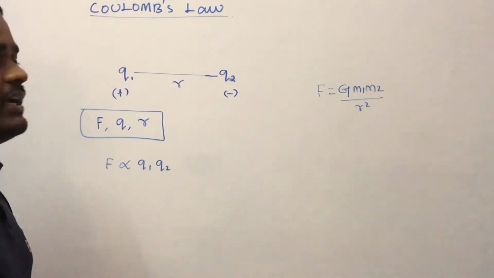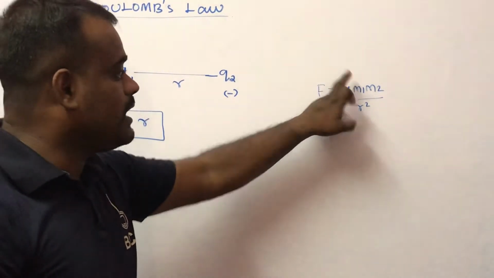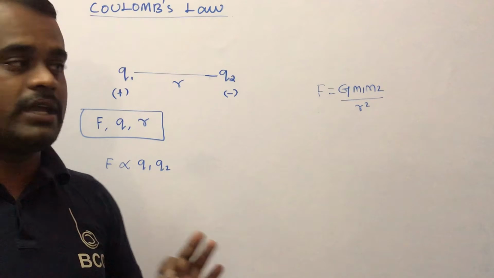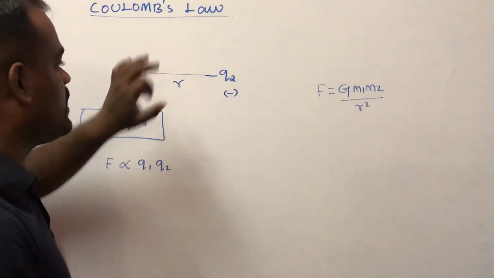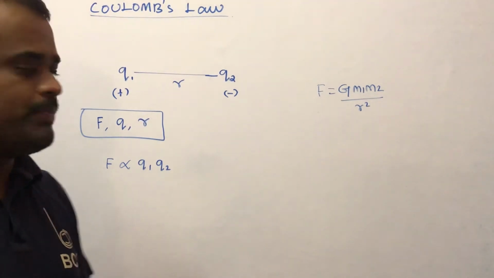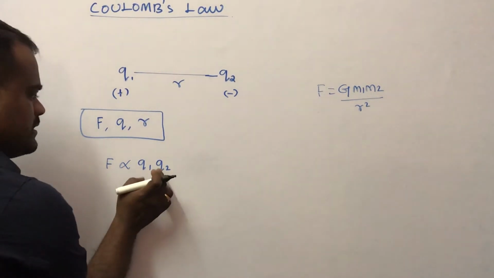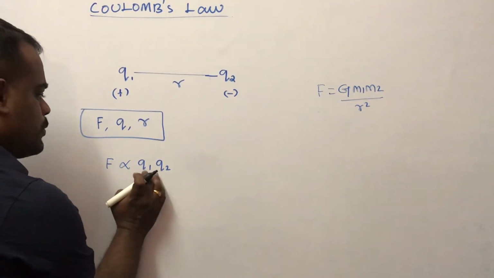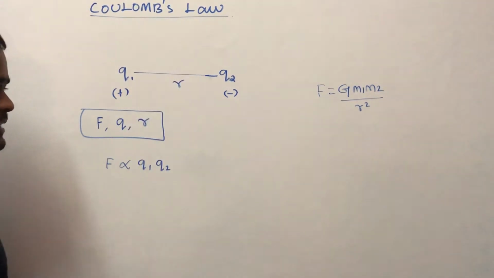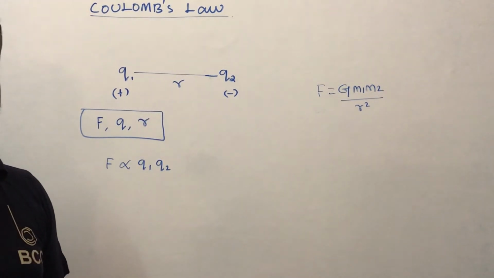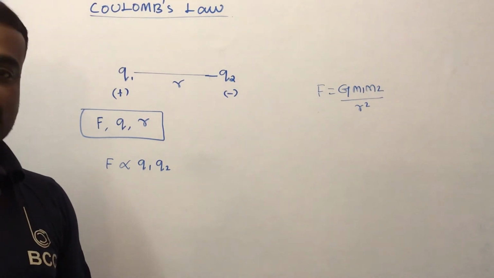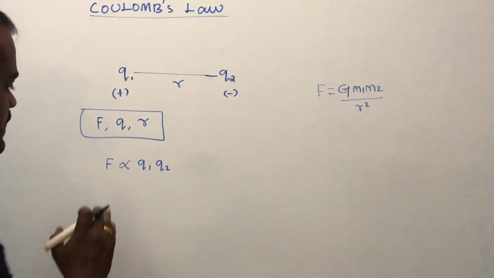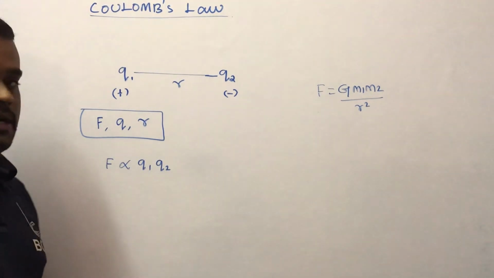Similarly, here instead of mass we are using charge, because here we find the force between two charges. So the force is directly proportional to the two charges. If the charge value is greater, the force is also greater. If the charge value is less, the force value is also less. That's why we write directly proportional.